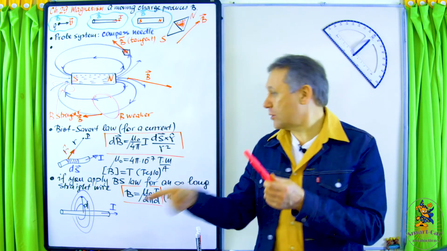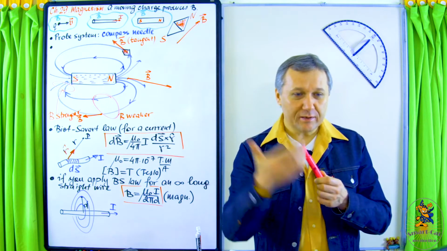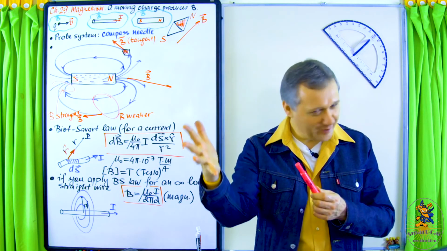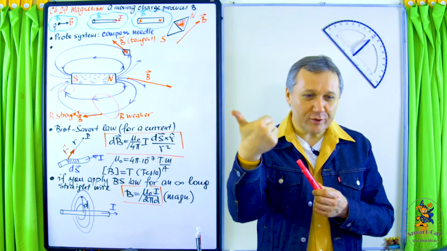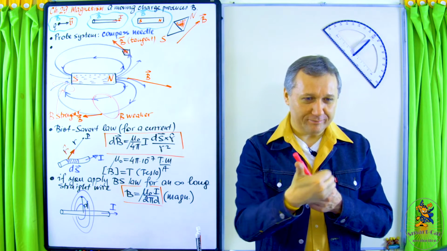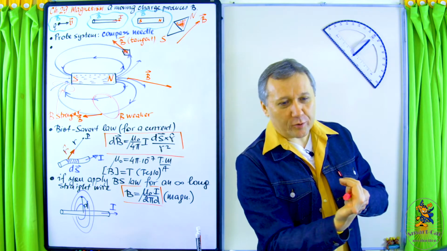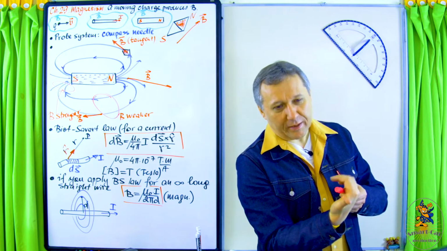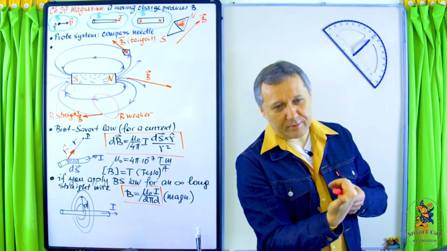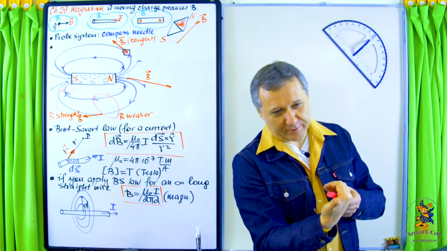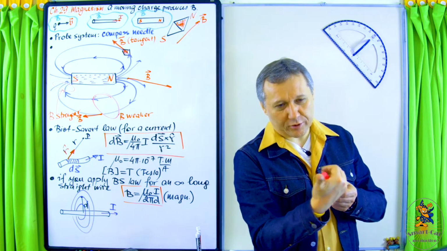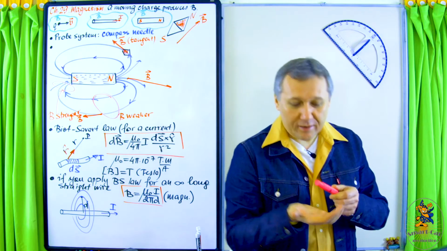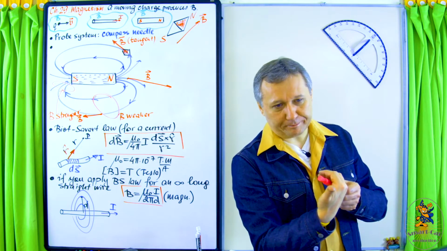With your right hand, outstretch your thumb in the direction of the current and curl your fingers around the wire, and your fingers give you the direction of the magnetic field lines.